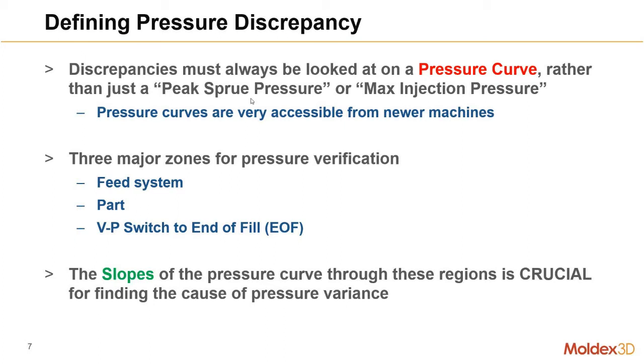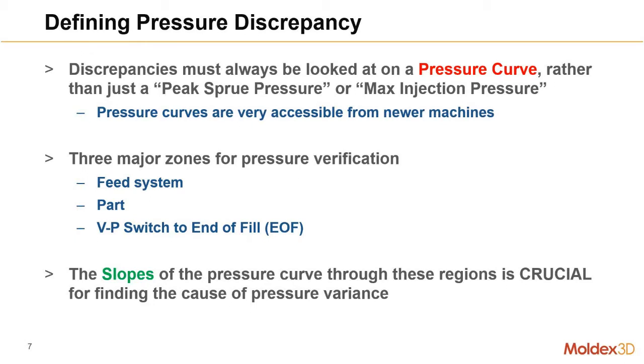They'll say my peak injection pressure does not match what the simulation shows, or the max injection pressure does not match what we're seeing in reality. And unfortunately, I have to go back to them and say, all right, well, where does that maximum injection pressure occur? Is it actually at the same point? Are we talking about the same value?